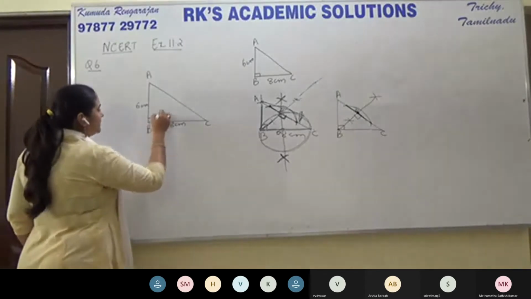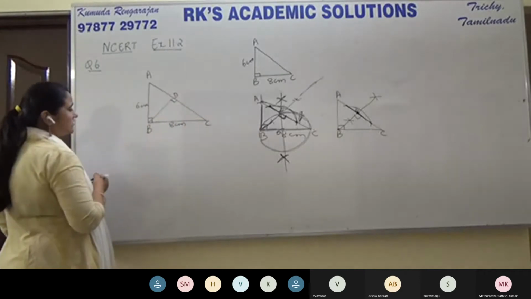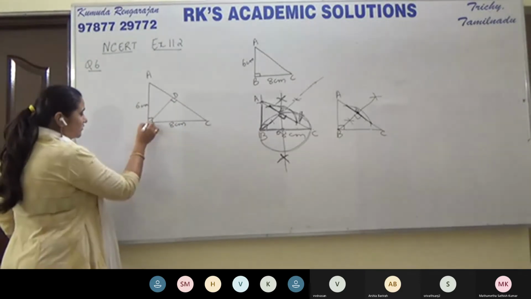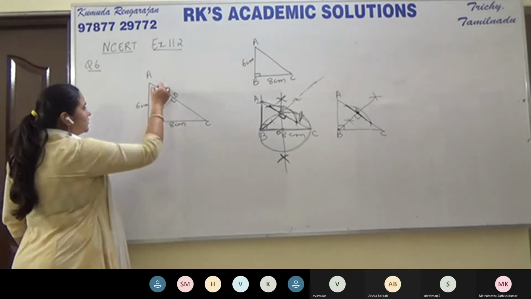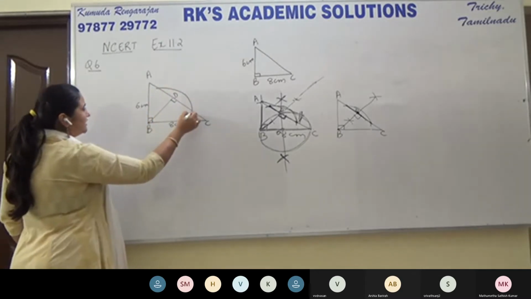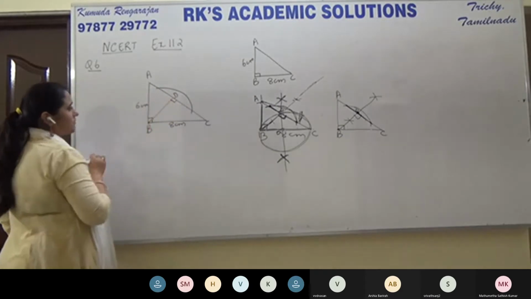we need to draw BD perpendicular to AC. How do we achieve this? With your compass, with B as center and sufficient radius, we draw an arc so that it intersects the hypotenuse AC at 2 different points.